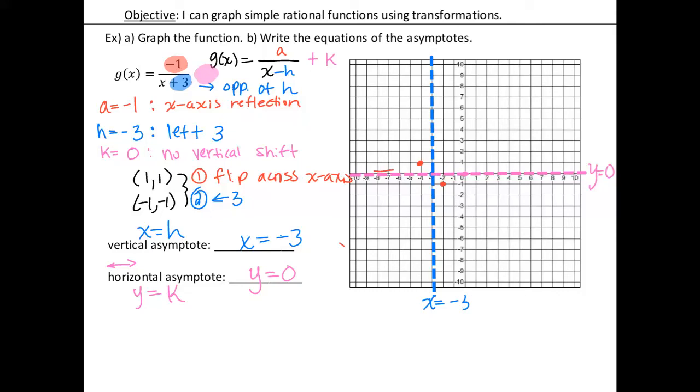So I got a curve upwards next to the asymptote. Likewise, this one next to the asymptote, touch the point, and next to the asymptote. Okay, and then that's it. That's the end of that example.